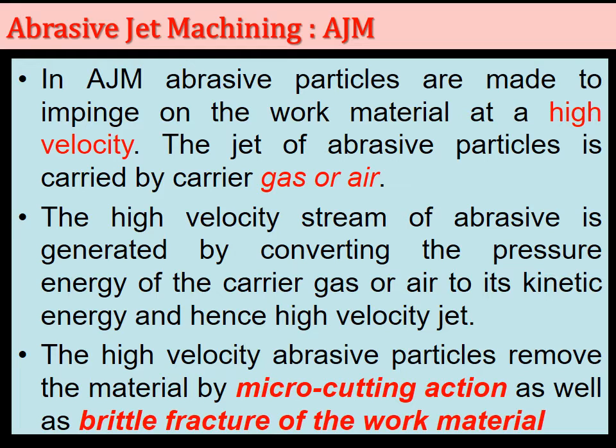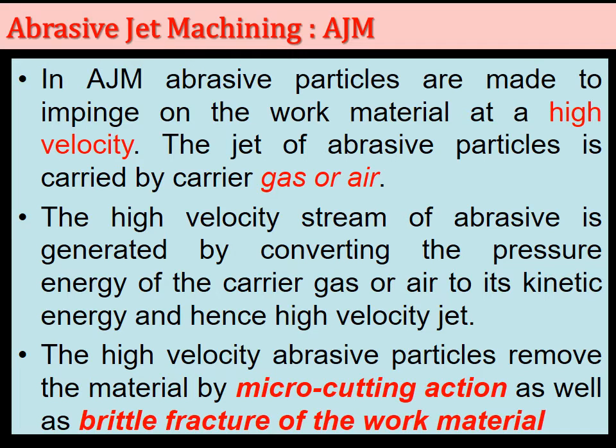This jet is generated by converting the pressure energy of the carrier gas or air to its kinetic energy, and hence a high velocity jet is formed. These jets are used as tools to remove material from metals. The high velocity abrasive particles remove the material by micro cutting action as well as brittle fracture of the work material.